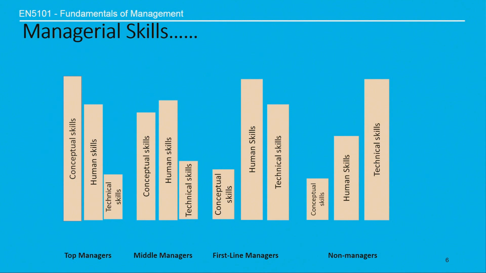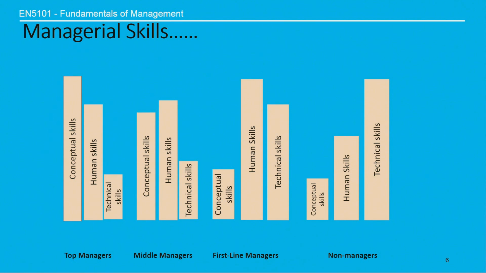But coming to the middle management level, they should have conceptual skills also to a certain level, but they should have more human skills. Then they should have less technical skills, right.